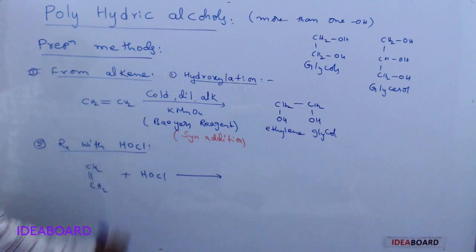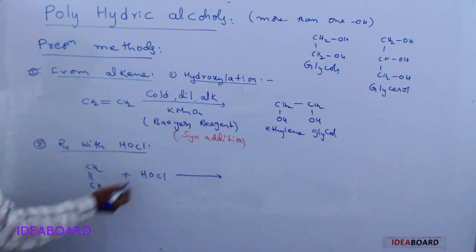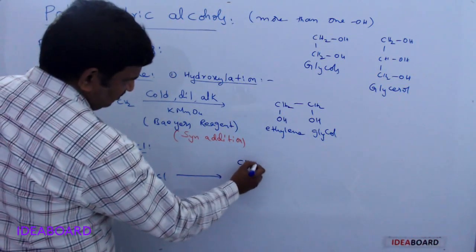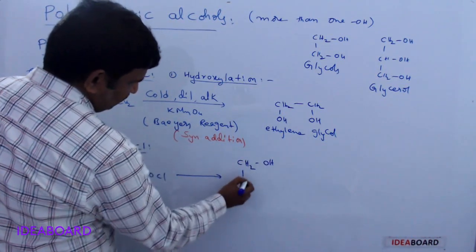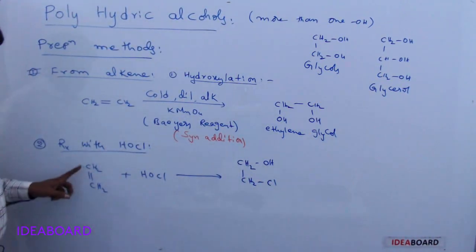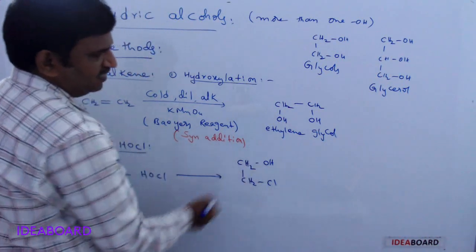Next, reaction with HOCl, hypochlorous acid. Ethylene reacts with hypochlorous acid and first forms CH2OH and CH2Cl, meaning the OH group is added on one carbon and the Cl group on another carbon. So we get ethylene chlorohydrin.